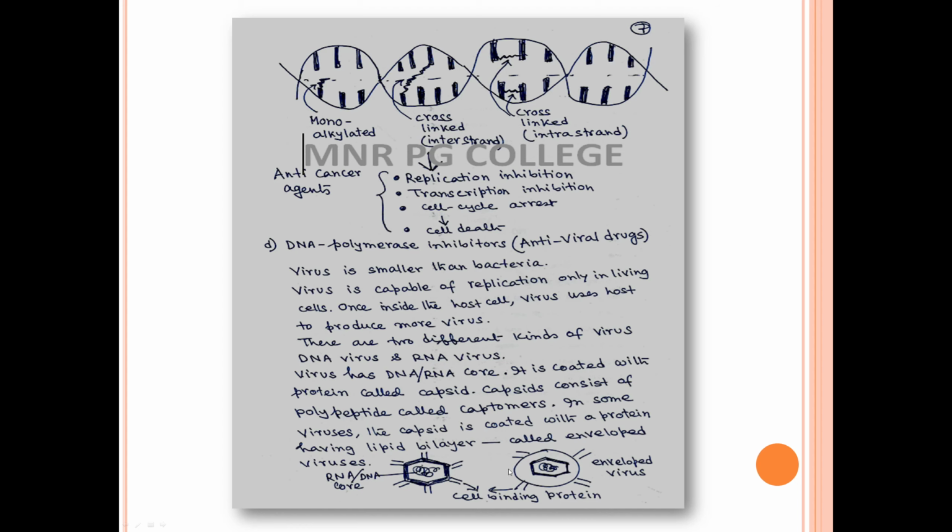The DNA or RNA core is there, and outside there are cell binding proteins, through which it associates with the host cell, the human cell. In some cases this capsid is again coated with one lipid bilayer, called the enveloped virus.